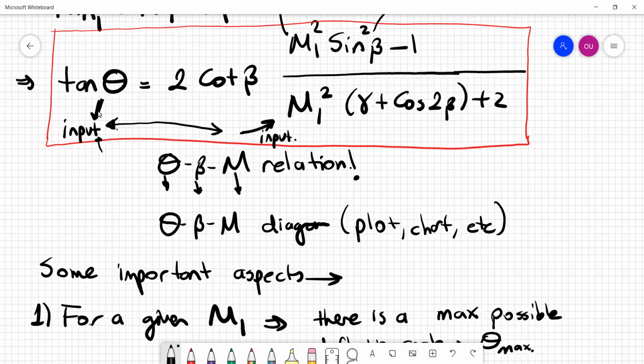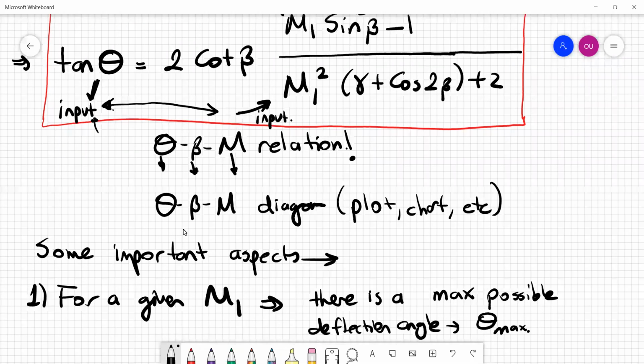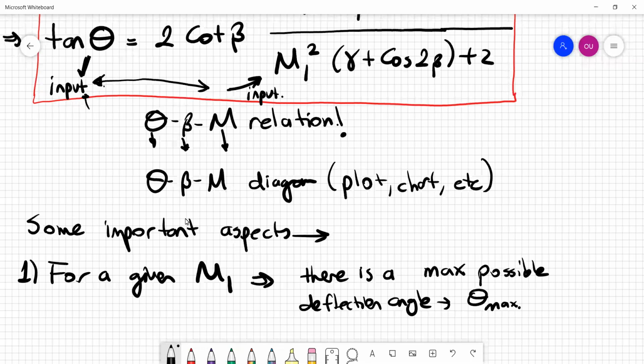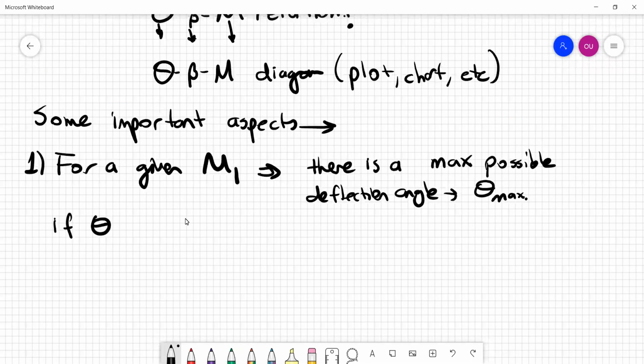Then physically, what does that mean? Are we not going to have an oblique shock wave because we cannot have a solution for beta? Physically, what happens is, if for some reason, when you're designing your aircraft, by the way, don't forget, I'm saying it again, theta is an input. You are selecting it, for example, as an aircraft designer, a missile designer, an intake designer, whatever, you are choosing this theta.